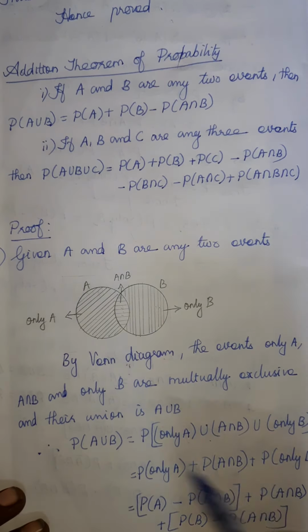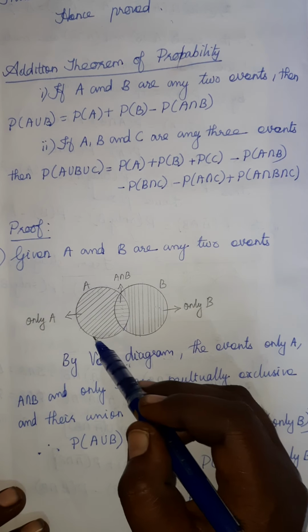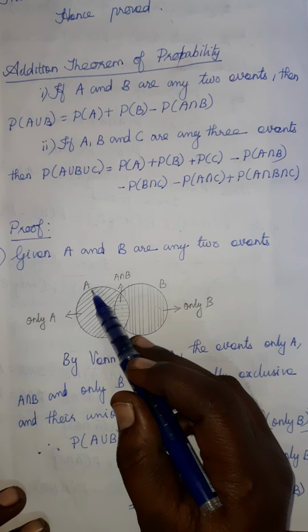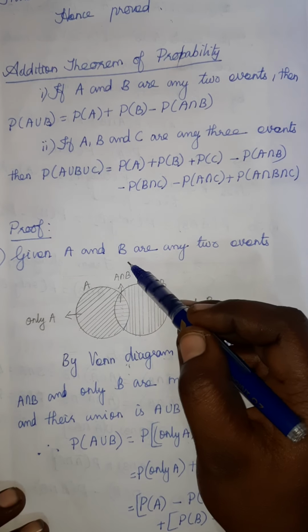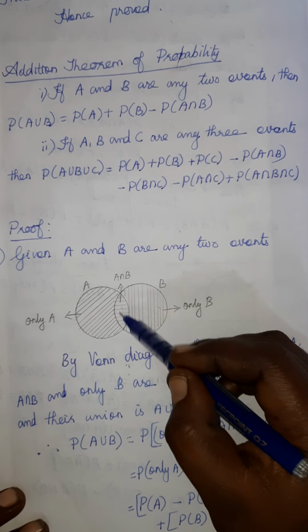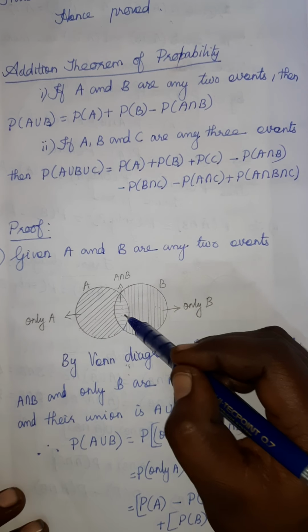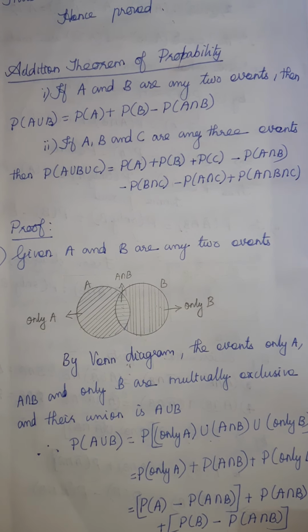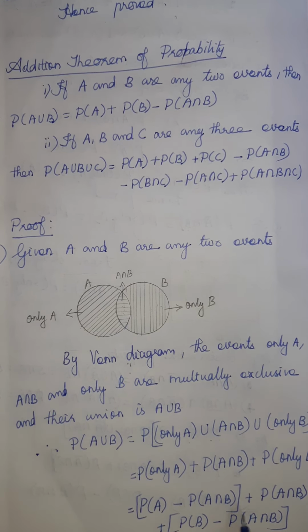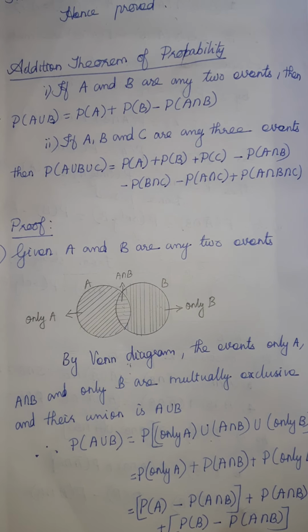So only A means the probability of the whole set A minus A intersection B. Likewise only B means the probability of the whole set B minus A intersection B. That can be written now. Now we can change the bracket. If you can cancel anything, you can cancel it and conclude that value.